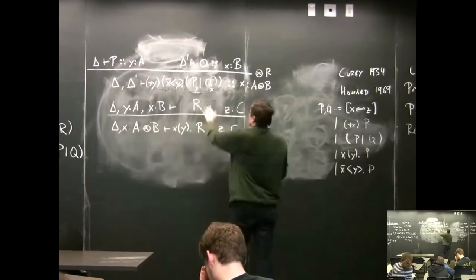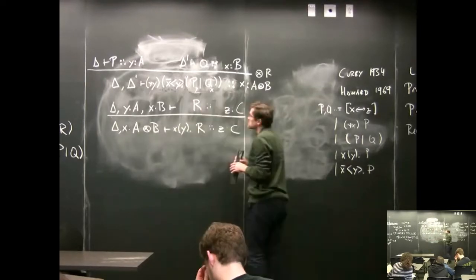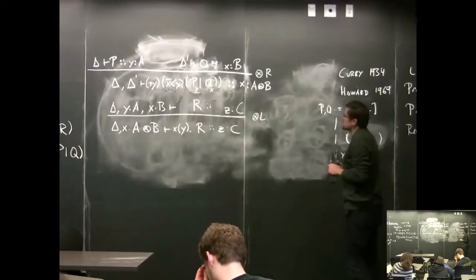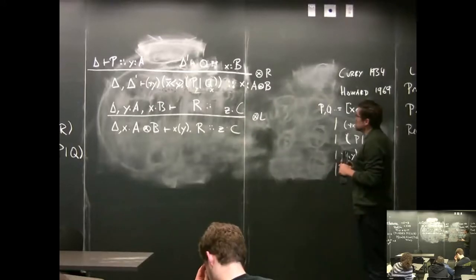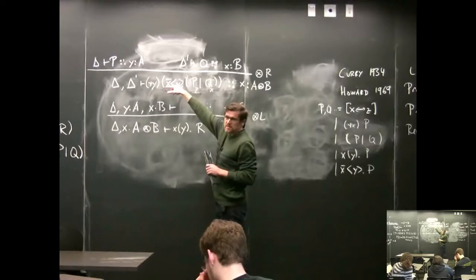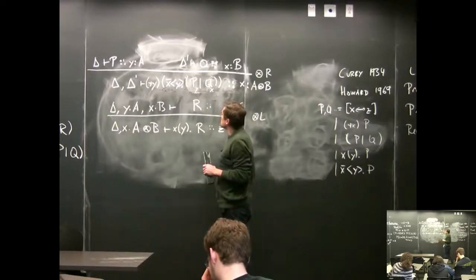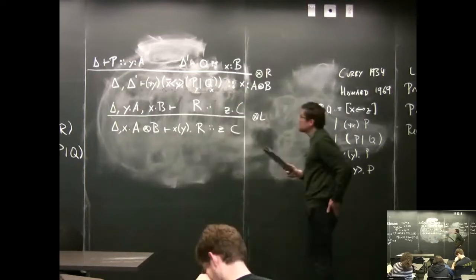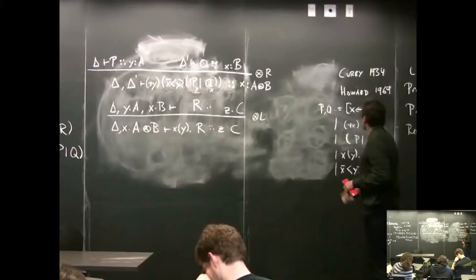So P depends on Y and Q depends on X. So the question is, do we have to wait here at this point, or could we put the P of Y on the outside, so that it can interact with its environment before this has taken place?